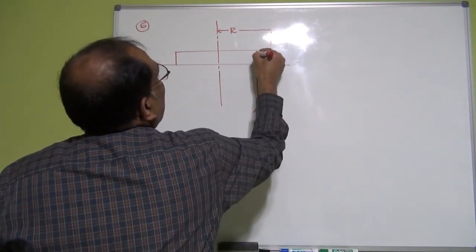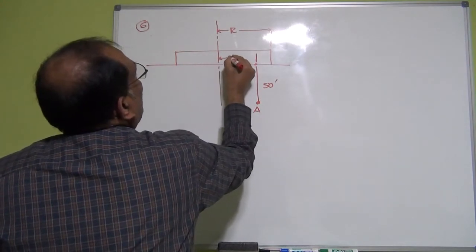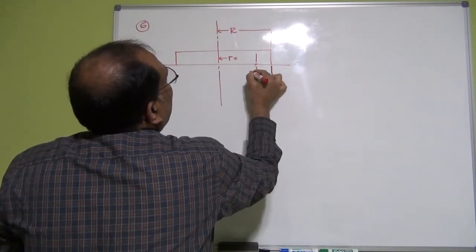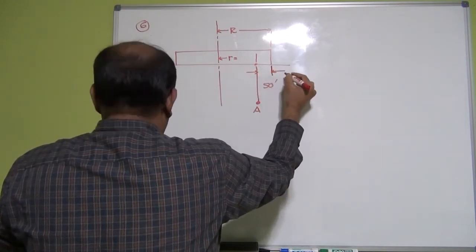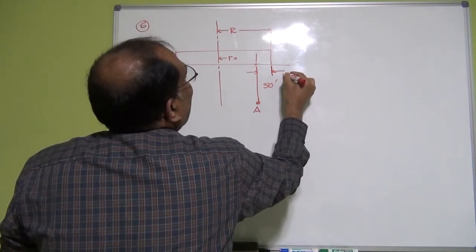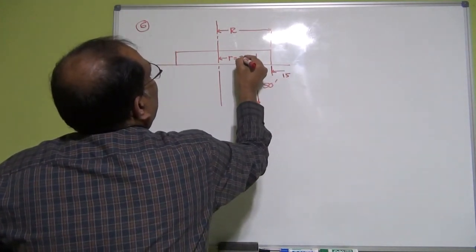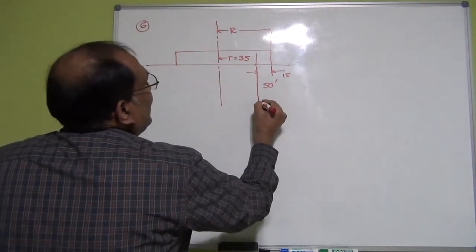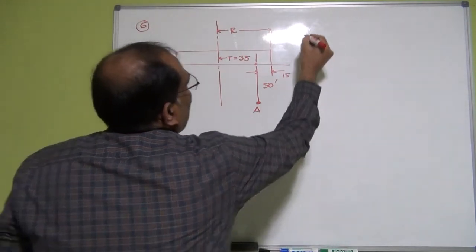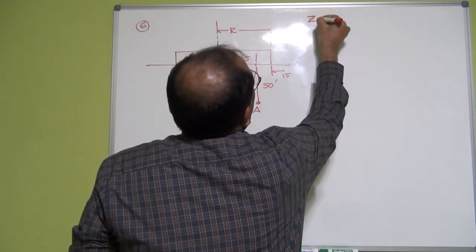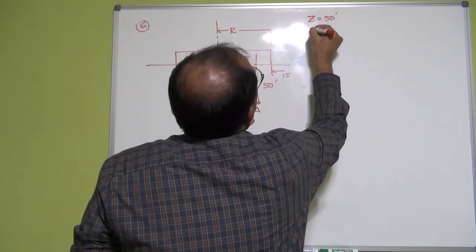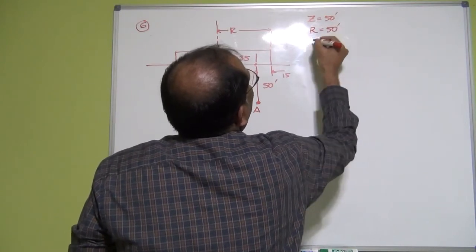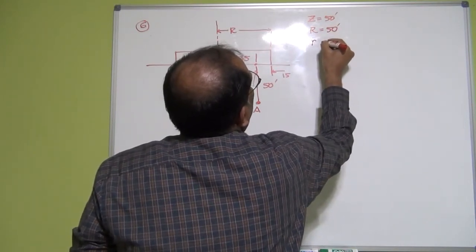And the distance from here to here, we call that lowercase r, which is 50 minus 15, so this one is actually 35. And the depth, we call that z, which is 50 feet here. Your uppercase R is 50, and your lowercase r is 35 feet.